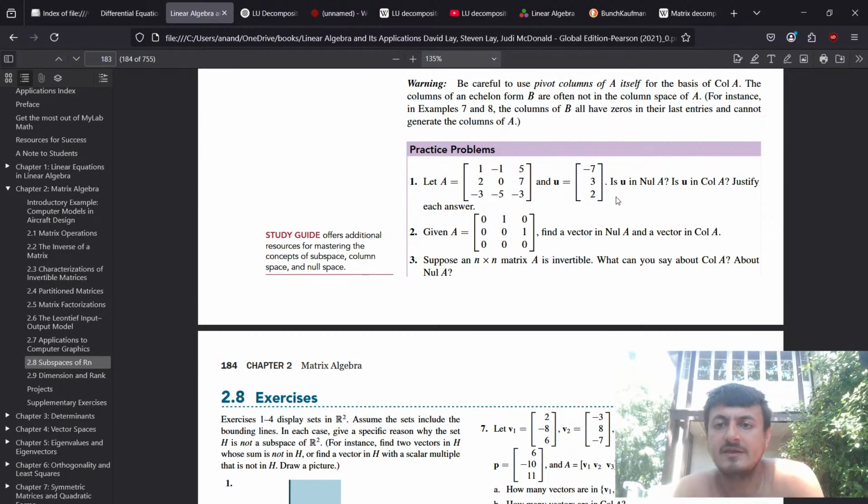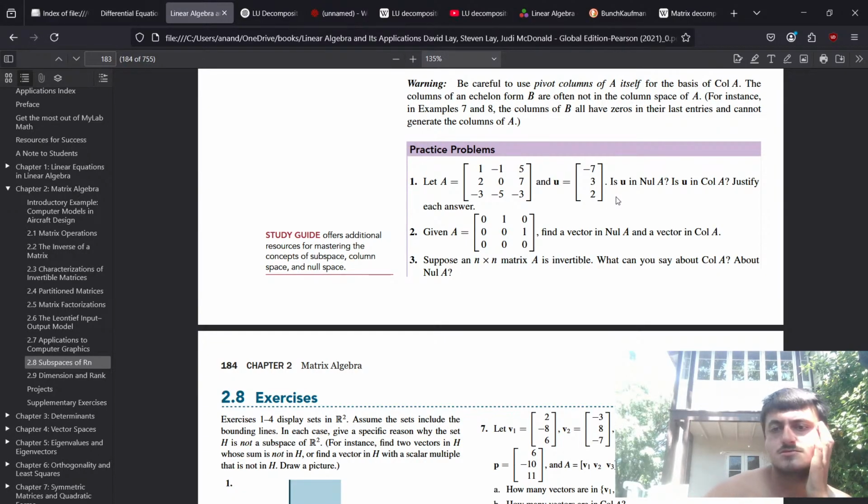I think it's not in the null. I don't know. I can't tell. It's got to be one or the other though. You can't simultaneously be. Wait, hold on. Can you be in the null?